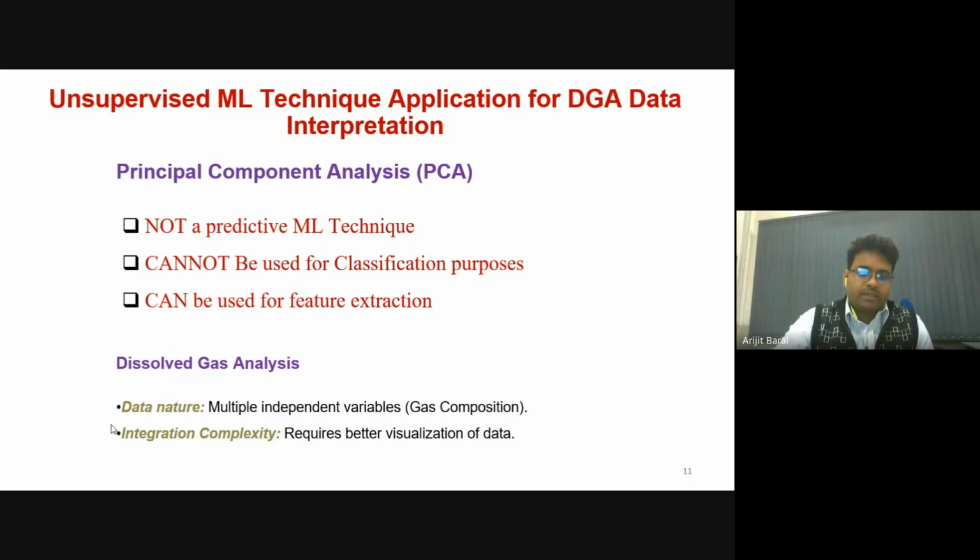But the problem is, the more independent features you use, that means essentially the gases I am dealing with, all these gases will act as independent features which need to be inserted as inputs in a machine learning technique. So the more independent features you use, the more computation intensive the training will be.